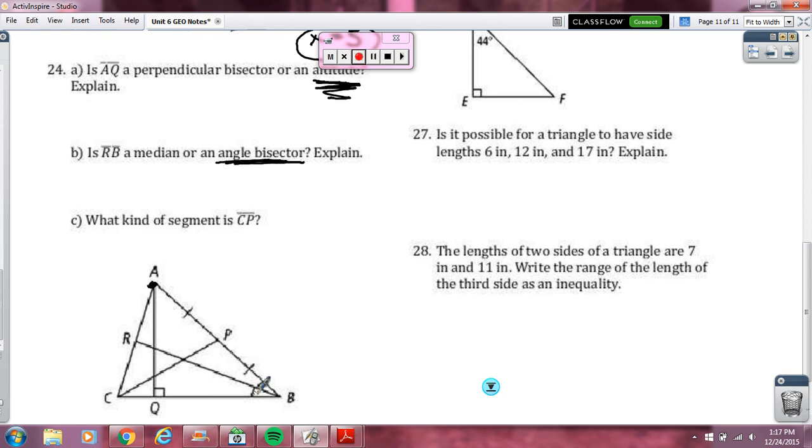Angle bisector because I see these angles being cut into two equal pieces, and no markings over where the sides are being cut. What kind of segment is CP? CP is a median because it's cutting this side in half, and it originates from a vertex.